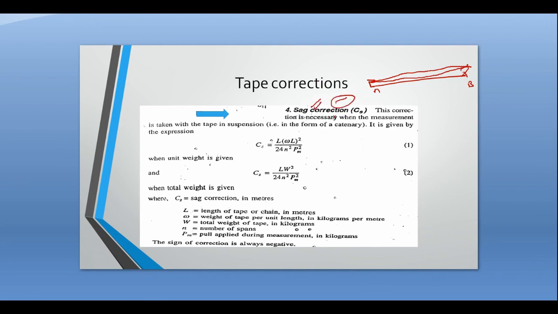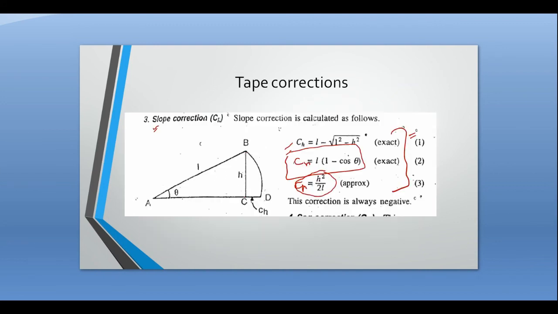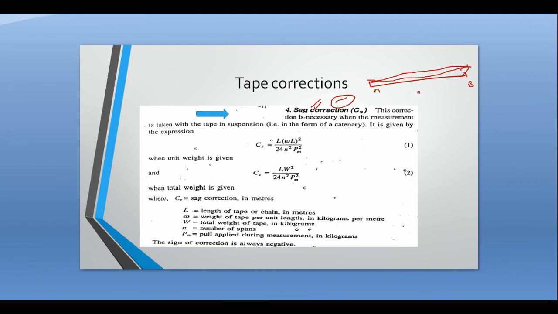Remember this in mind, that sag correction is always negative. And in the previous case, slope correction is also always negative. So these things you have to always remember, that slope correction is always negative because it increases the value, so obviously the correction will be negative. Again, sag is a positive error, so the correction will be a negative correction.